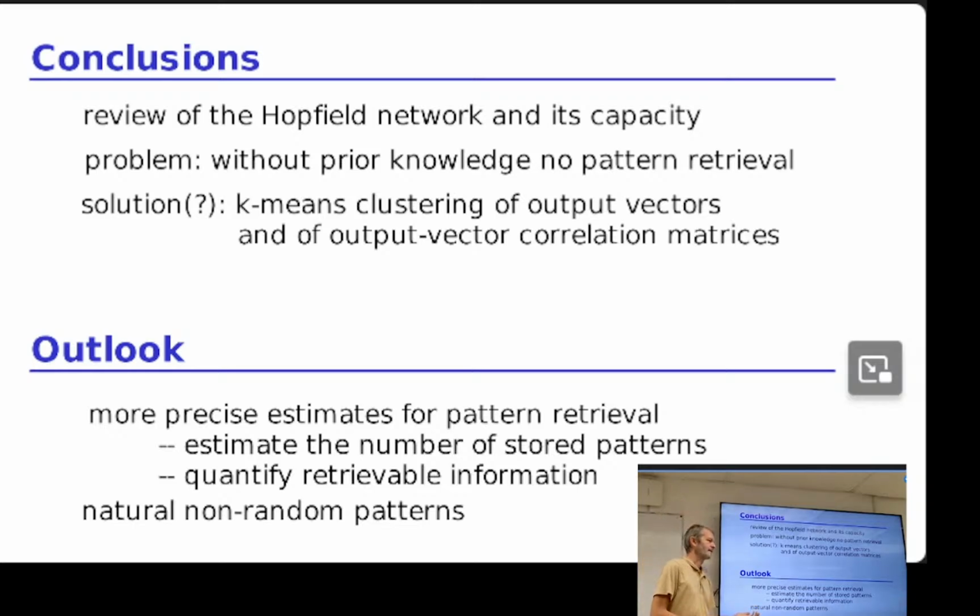Of course, associative networks are usually used in the context of non-random patterns, like photos, pictures of cats and dogs, for instance, right? And that's a very different issue then, because from non-random patterns, it probably is much easier to retrieve them, because you have redundant information in your picture.